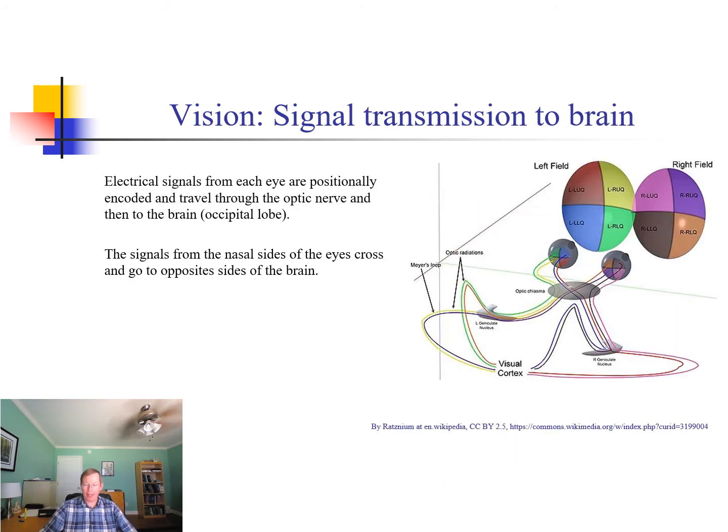Now, once I have that signal, you might think that it would be fairly straightforward. It gets transmitted back to the back of the brain, and then I can make sense out of it. But it turns out that that's not the case. It's actually a more complex pathway.